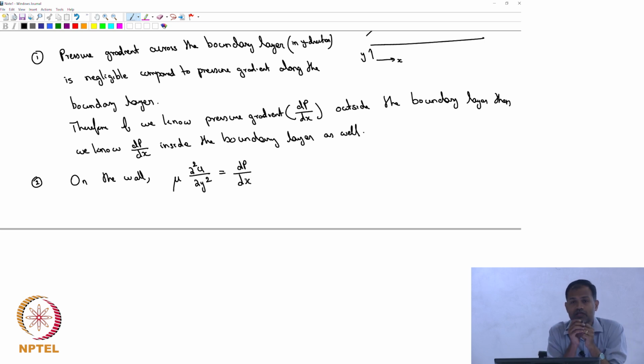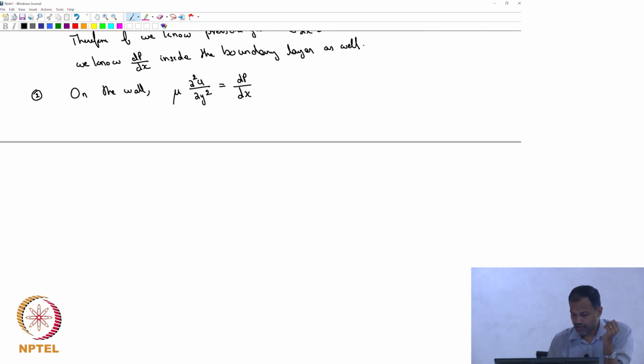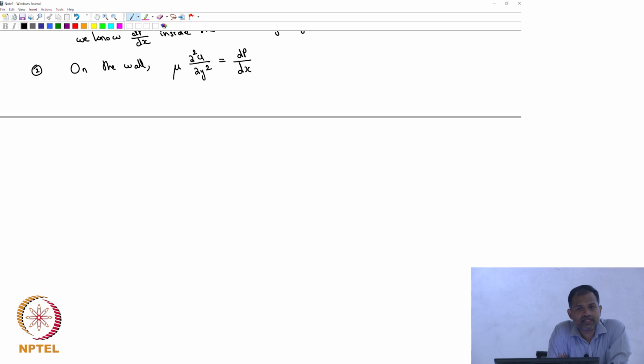So on the wall, knowing the pressure gradient outside the boundary layer helps us determine how the second derivative of velocity changes on the wall. What is the second derivative of velocity on the wall? That basically helped us plot the velocity profiles.